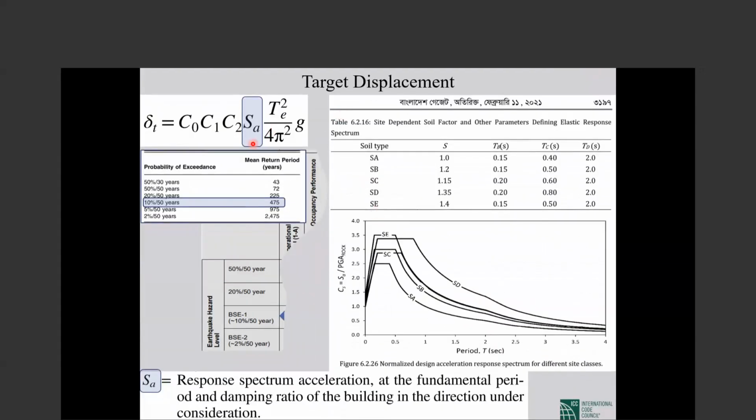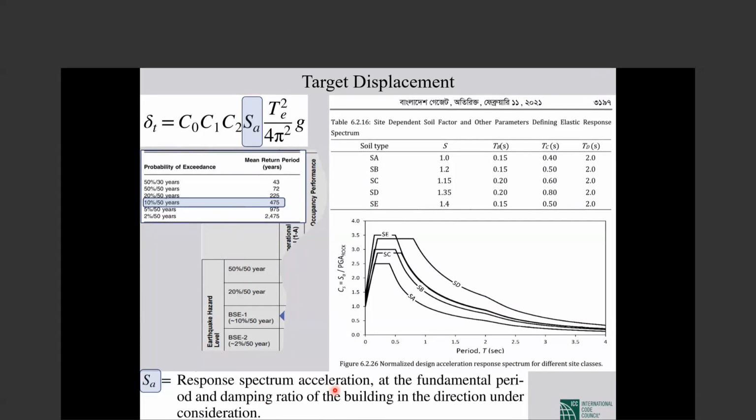First, SA, the response spectrum acceleration. The effect of the earthquake. So it's an input for us. It's not an important issue for us to calculate. They should provide it to us.